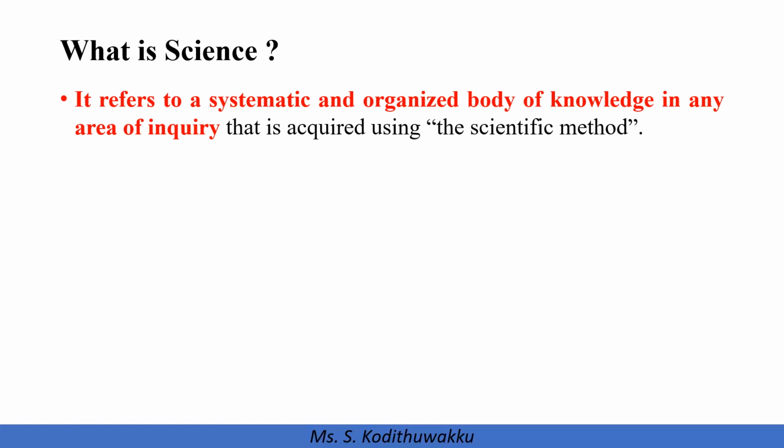Now, let's say oxygen, O2, it's an accepted standard method, a universally accepted way to recognize oxygen, O2. It's universally organized or universally accepted knowledge. Remember, science subjects have a systematic and organized body of knowledge.